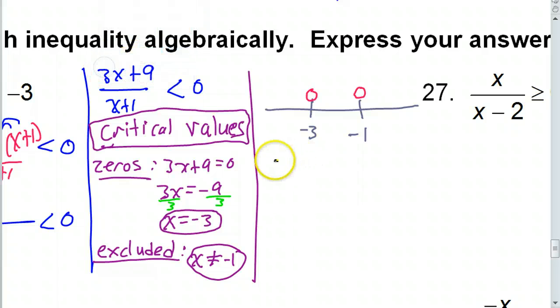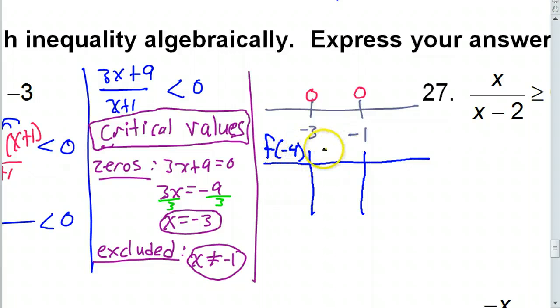Okay, I'll switch back to blue. So in my little chart, in this zone, I'm going to do the value of the function at -4, and the value of the function at -2, and the value of the function at 0. These are the 3 values I will check.